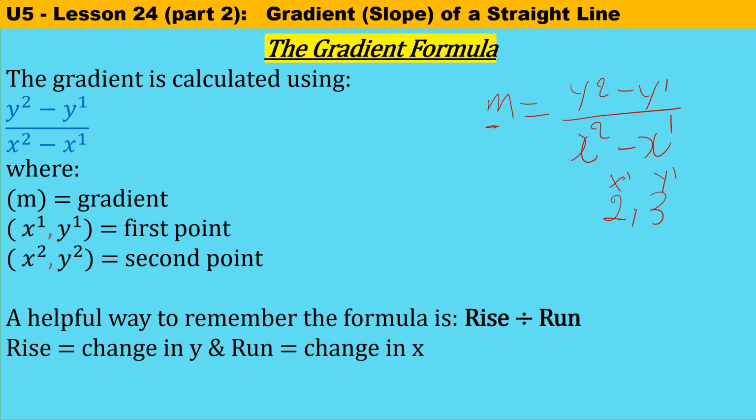If you're given a second point, let's say 4, 5, then 4, which is your x digit, becomes your x2, and 5 would be y2.